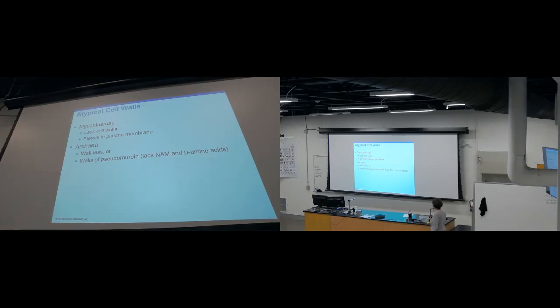Then Mycoplasma is a bacteria that does not have a cell wall, so it's wallless. When you grow it in the lab, it gives you characteristic growth.